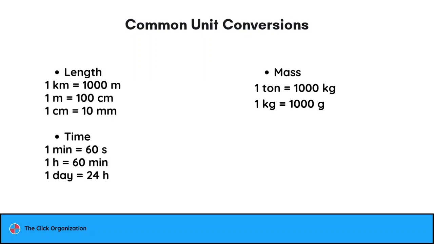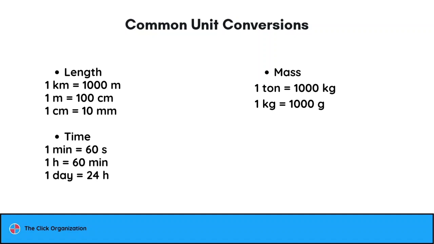Common unit conversions. Well, there are some basic conversions that every physics student should know. For length, 1 kilometer equals 1,000 meters. 1 meter equals 100 centimeters. 1 centimeter equals 10 millimeters. For time, 1 minute equals 60 seconds. 1 hour equals 60 minutes. 1 day equals 24 hours.